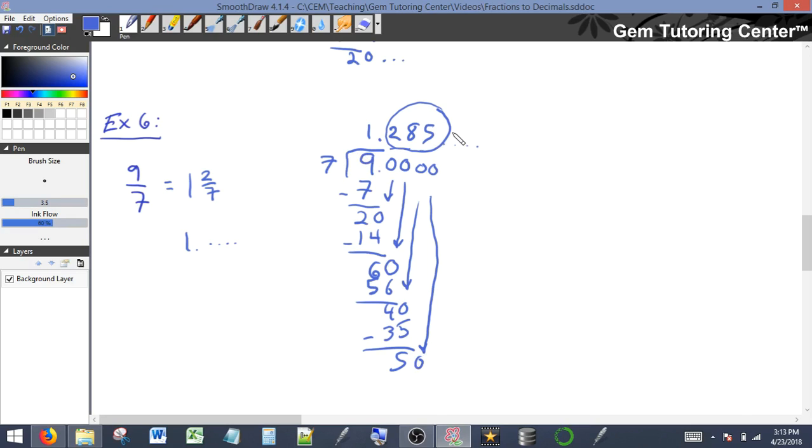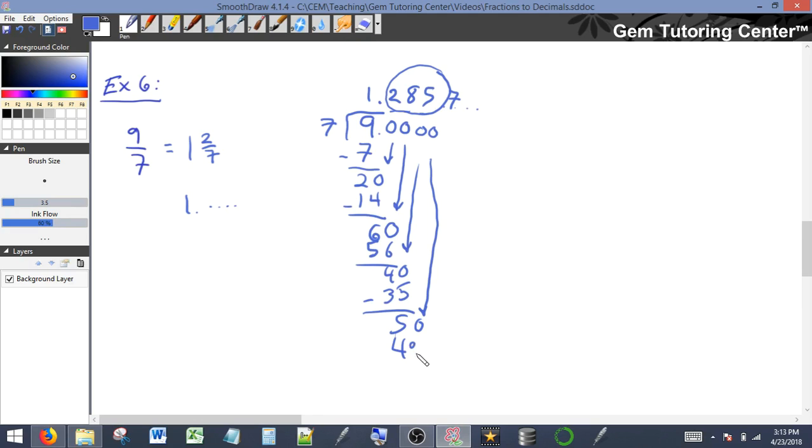So 7 times 7 is 49. And then we keep going, and you bring down another 0 from here. That's how that 0 got there. So since this is a 7, we would actually round this up, and we would do 1.286. So this is what the answer would be.